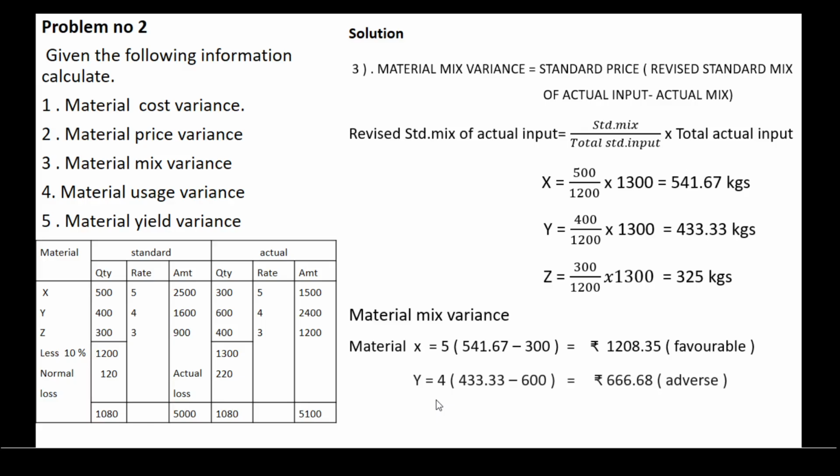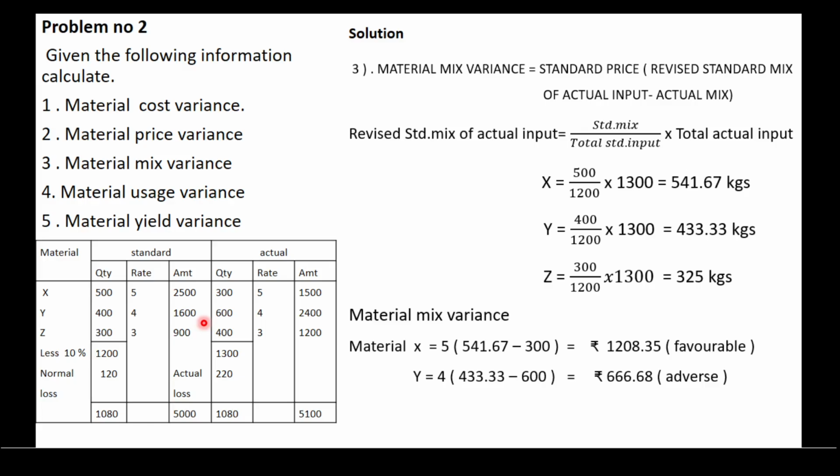And the next for the material Y. Here for the material Y, the standard price rupees 4 into the revised standard mix of actual input, that is 433.33 kgs minus the actual mix, that is the actual quantity 600. So 4 into 433.33 minus 600.